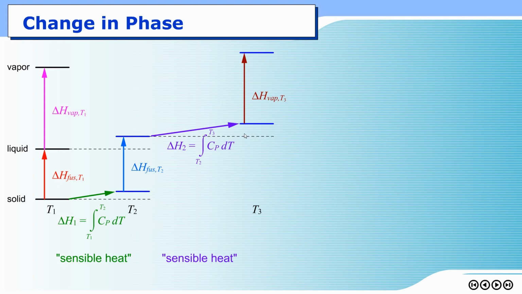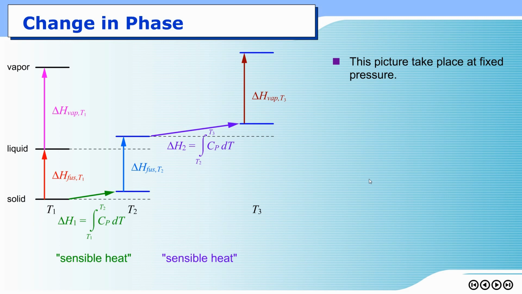When you have water at 100 degrees Celsius, then you can boil and change into steam. The energy required would equal the latent heat of vaporization at 100 degrees Celsius. The whole diagram takes place under fixed pressure.